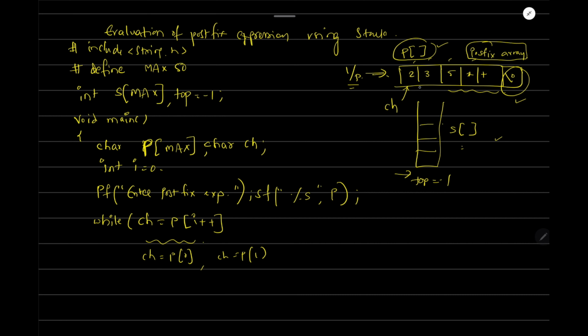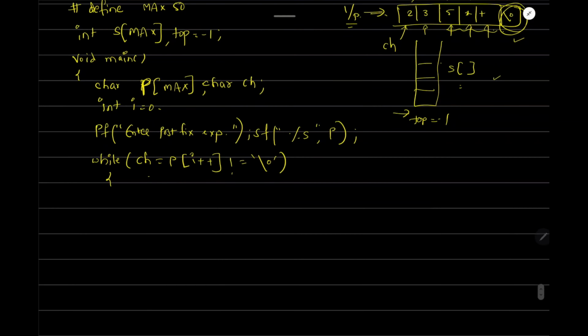Means for every iteration, each of these elements will be accessed, until we reach \0. So this is the loop. Here we are simply assigning each character from this postfix array until we reach \0, that is the end of the string. So let's start the loop.